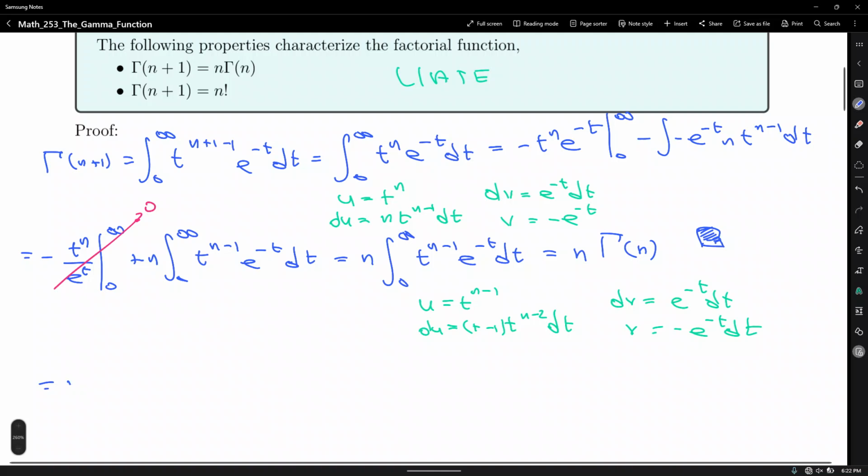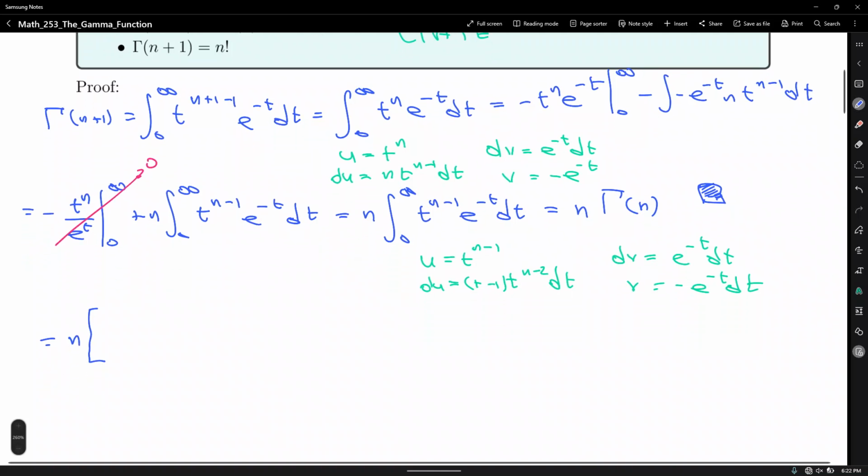So this will be equal to n times whatever we get from the integration by parts, which is u times v, that is negative t to the n minus 1 times e to the negative t evaluated from 0 to infinity, minus the integral from 0 to infinity of v du.